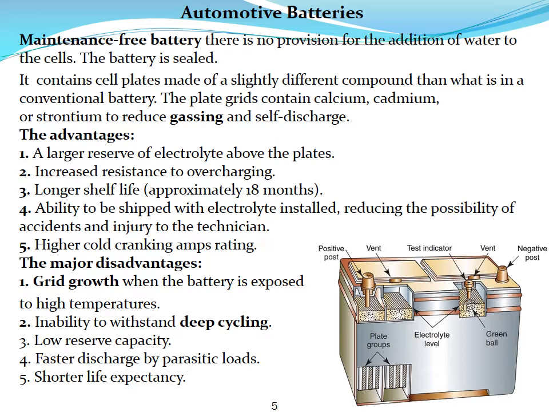It contains cell plates made of a slightly different compound than what is in a conventional battery. The plate grids contain calcium and cadmium, or also strontium, to reduce gassing and self-discharge.